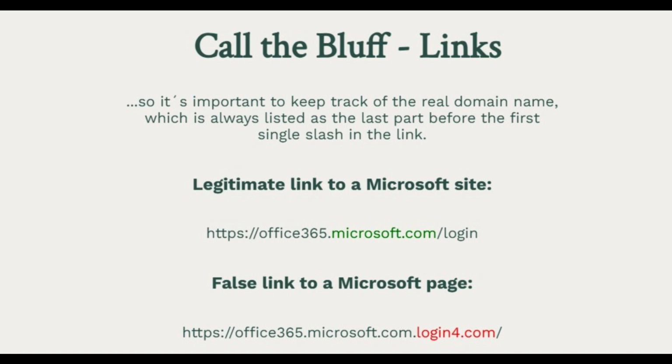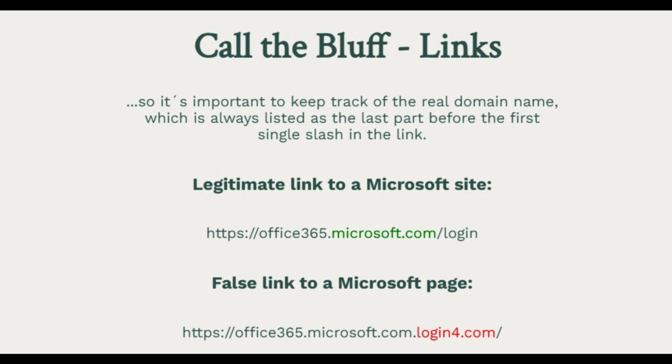Another example. It is important to keep track of the real domain name, as we have discussed, which is always the last part before the first single slash in the link. If you look at the example, the legitimate link to the Microsoft site is office365.microsoft.com/login.